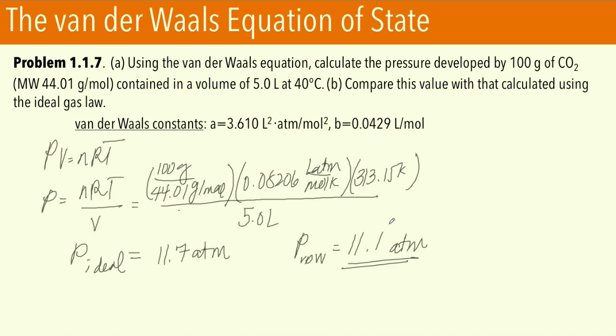Let's look at the van der Waals equation of state a little bit closer, and we'll realize something about the equation. Let's write down the van der Waals equation of state in terms of molar volume. It's just a little bit easier to deal with the equation in terms of just molar volume.